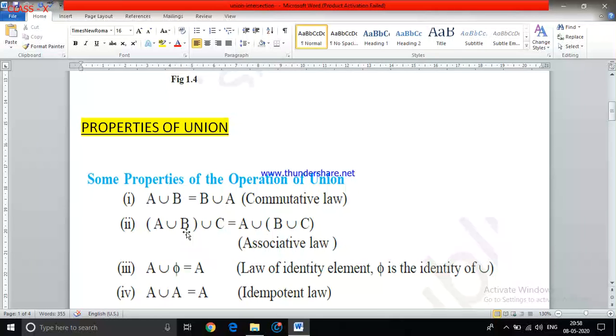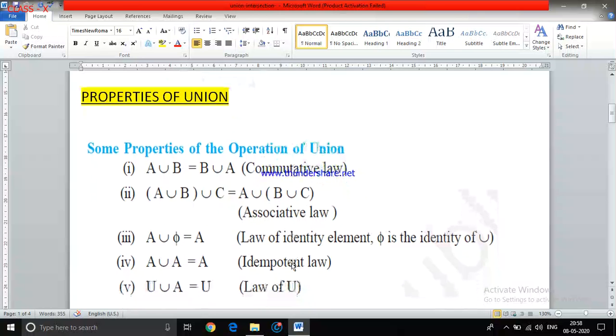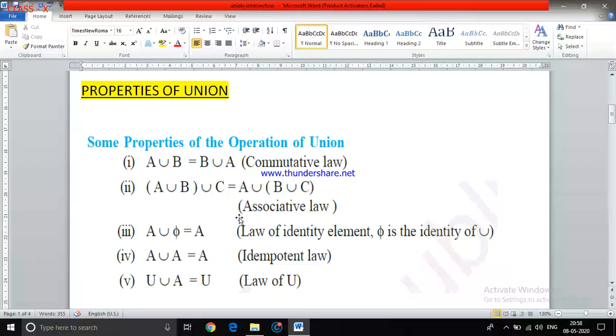You will get another set, and that set is united with C. Whatever answer you get is the same as first finding B union C, then finding A union that. Both answers will remain the same, the LHS and the RHS. That is called the associative law.